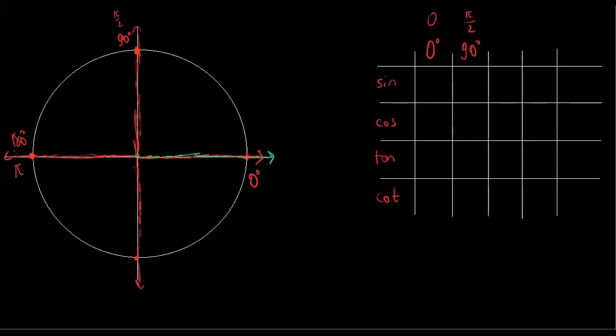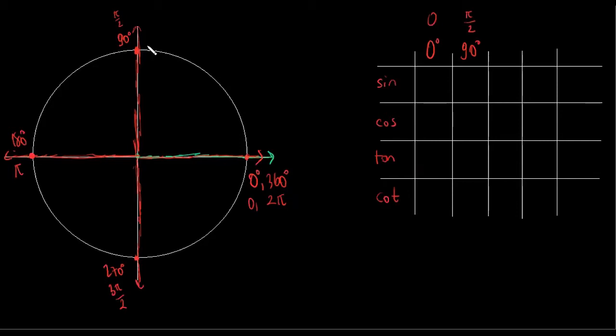We are going to get this point. It is 270 degrees or 3 pi over 2 radians. And then we can come back to this point, and then we get 360 degrees, or 0 radians and 2 pi radians. Okay, 360 degrees is 2 pi radians.